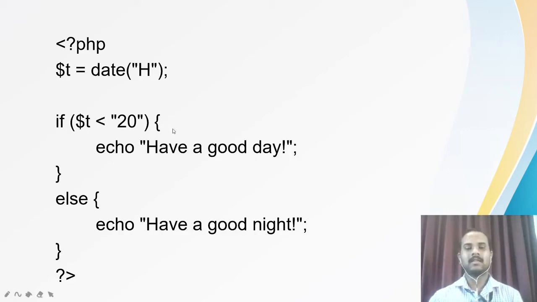But let me say the hour is 22 or 21 or 20 or 24. So it is late night, right? I directly come to the else section since the condition is false, and I print have a good night.